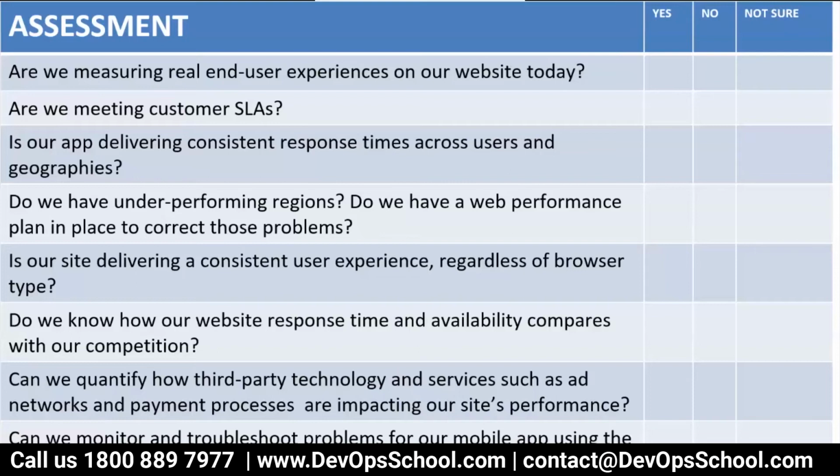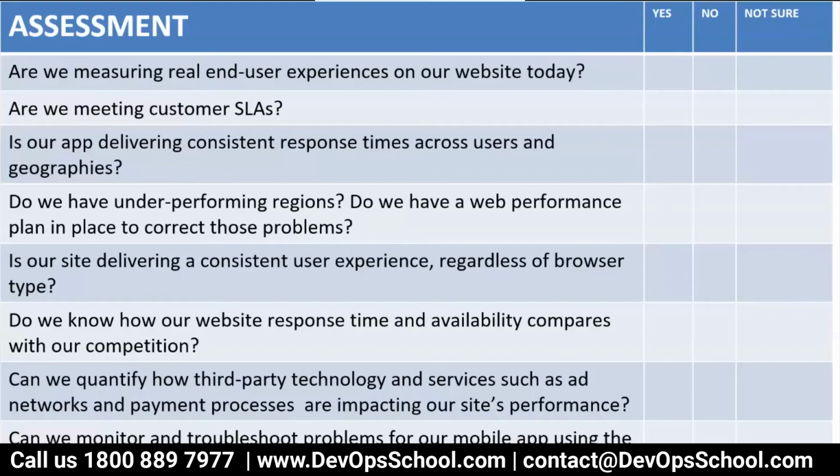Do you know that? Can we monitor and troubleshoot problems of our mobile app using the same APM tool that we use for our web application? So yeah, these are the questions. If you have to assess this and you have a yes, then it's okay, everything is in place. If no or not sure, then we'll move on to the second thing, and that is where we are going to discuss APM.